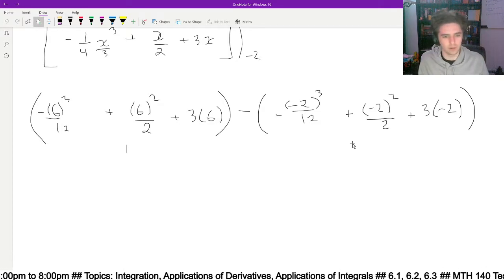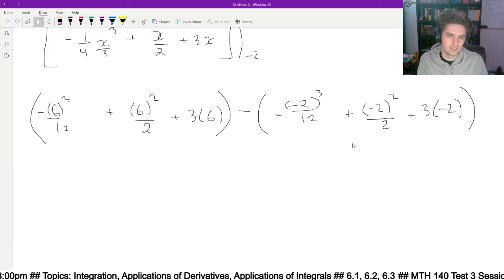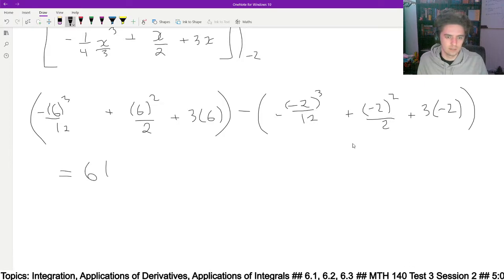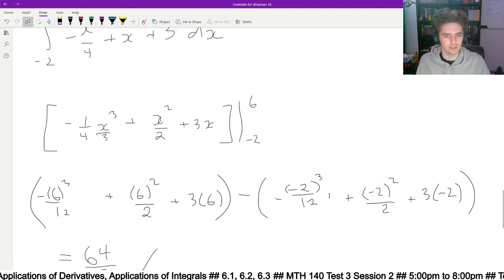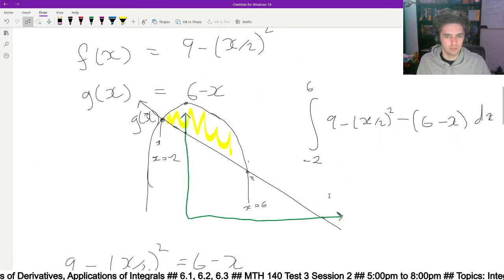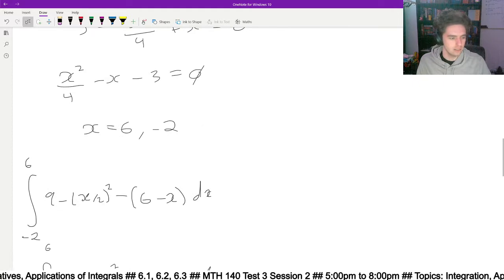Okay, I got 64 over 3, which is the right answer. 64 over 3, which is correct. That's the area between the curves. Okay, so there's that question.